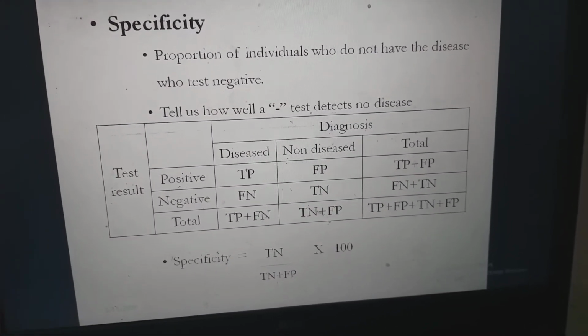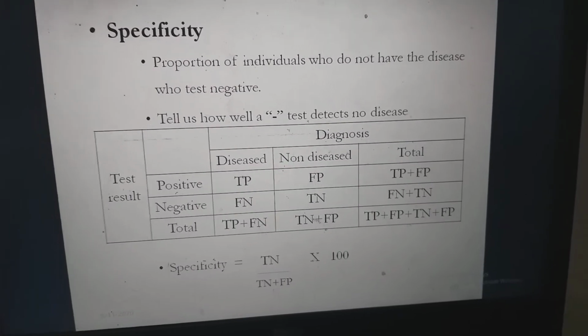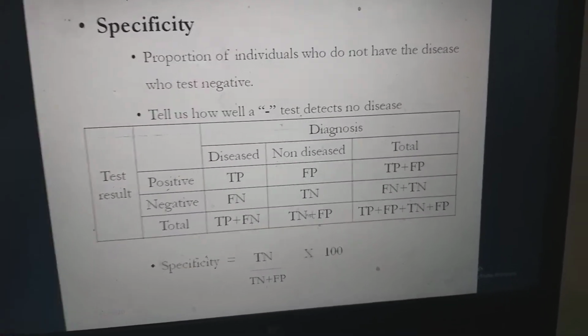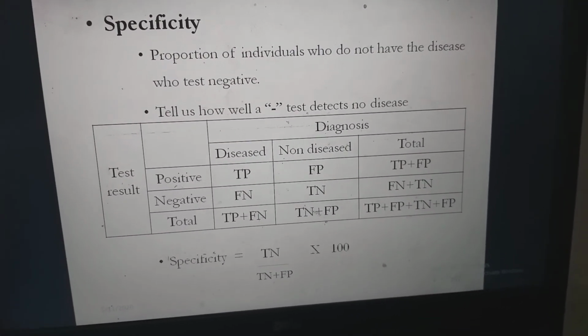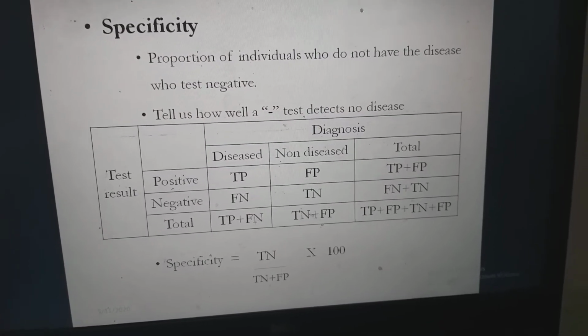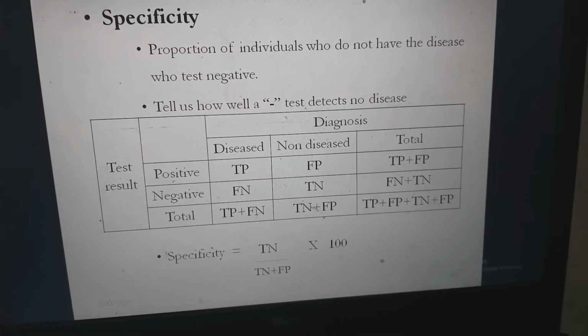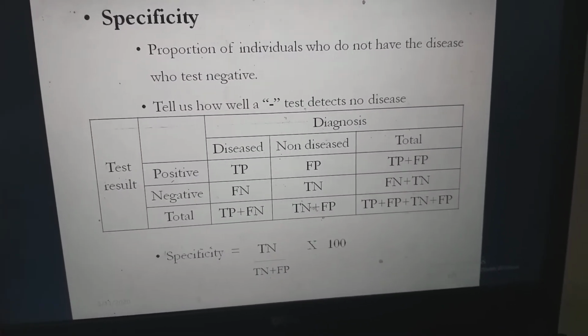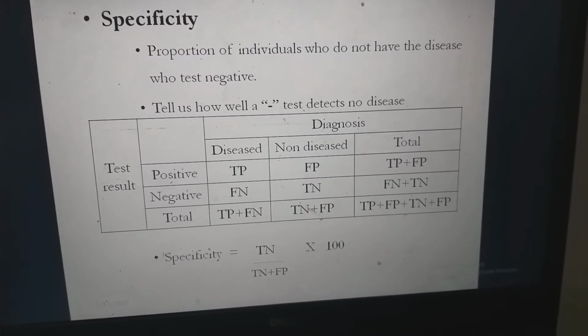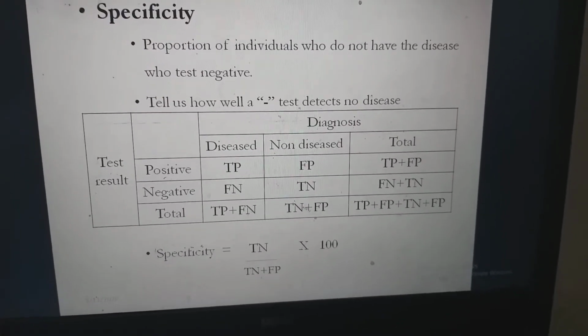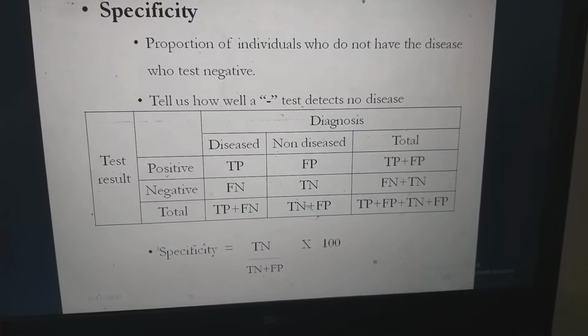This means simply, if you remember from the previous 2 by 2 table, A, B, C, D: A means true positive, B false positive, C false negative, D true negative. I will ask you like this, don't forget. So what does specificity mean?